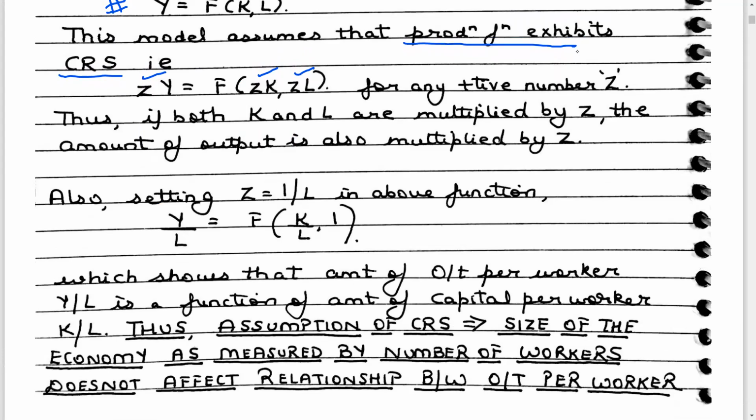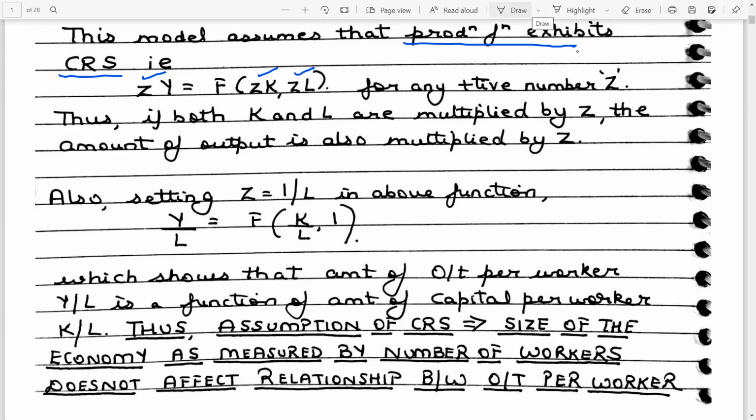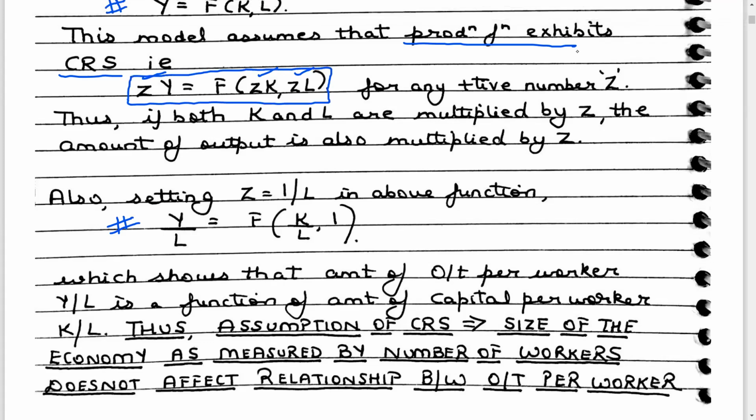This means you can use this property of homogeneity. If you put z as 1 upon L in this function, you get Y by L is a function of K by L comma 1.